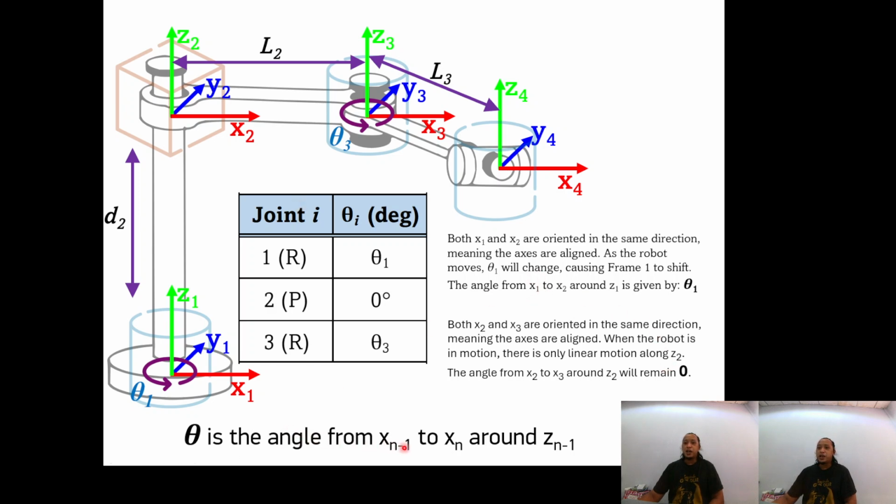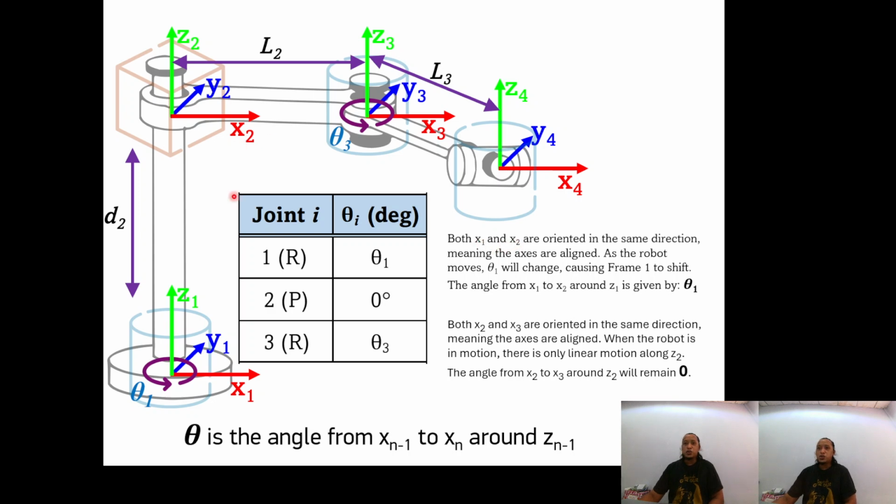Theta is the angle from xn minus 1 to xn around zn minus 1. For example, this one is x1, this one is x2. So joint 1 is from x1 to x2, frame 1 to frame 2.